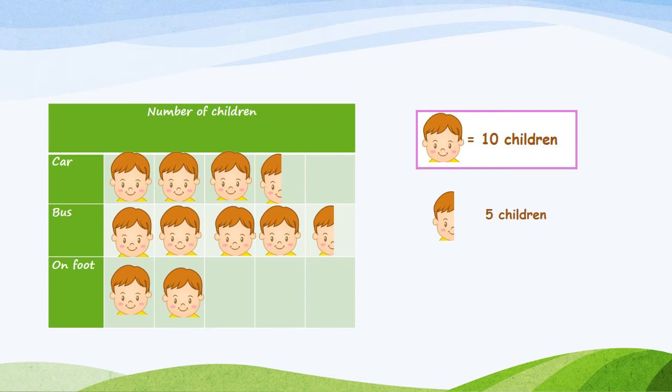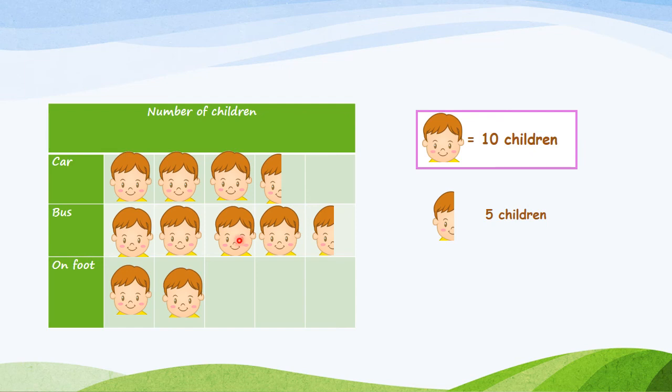Okay. So how many more children go by bus than on foot? This, this, and this. So how many are these? These are how many more, right? How many are these? Can you tell me?